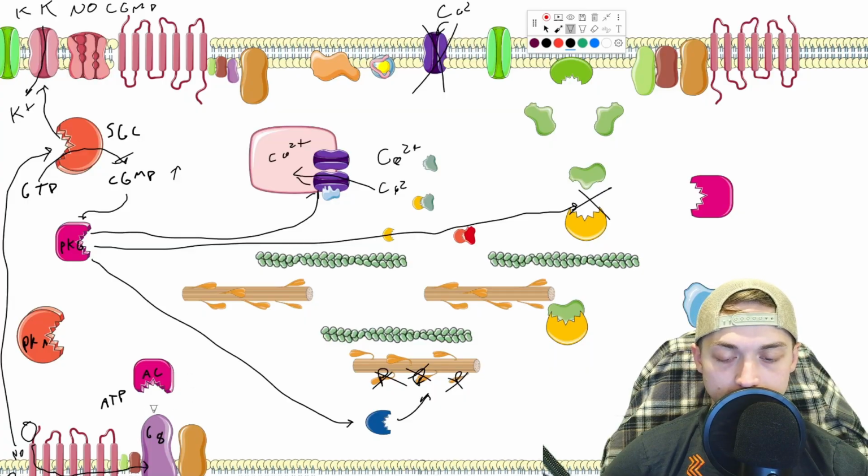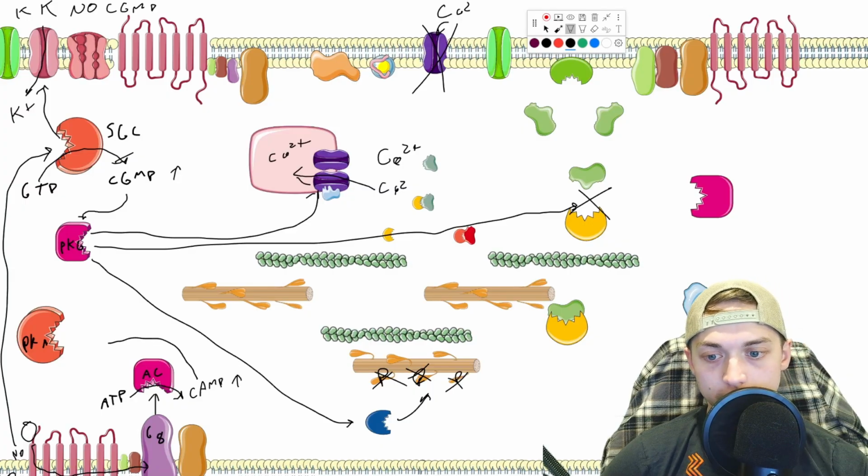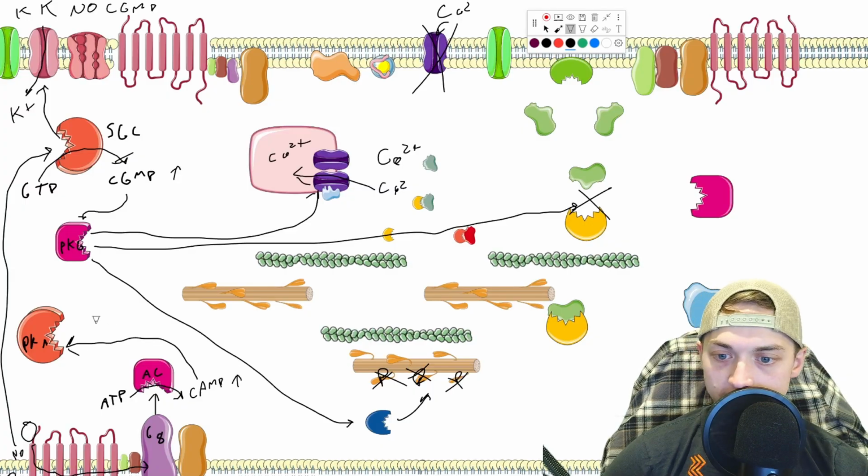When this G protein gets a signal, it's going to interact with adenylyl cyclase, or AC. What adenylyl cyclase is going to do is take our ATP and turn it into cyclic adenosine monophosphate. Once the concentration of cAMP is high enough, it's going to activate our protein kinase A enzyme.